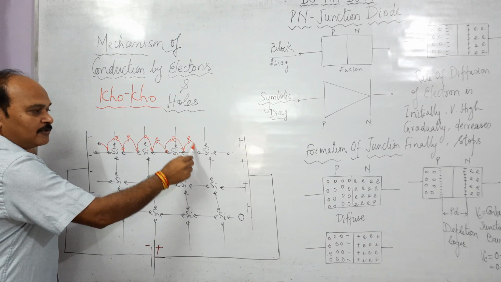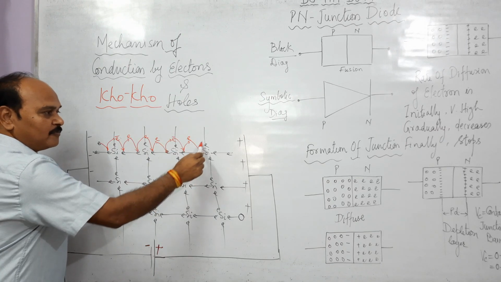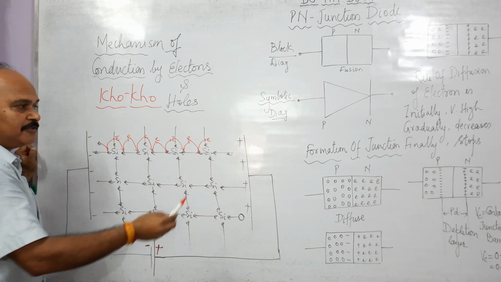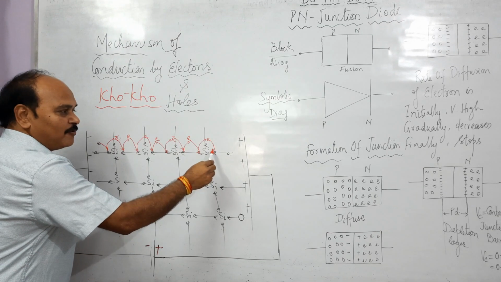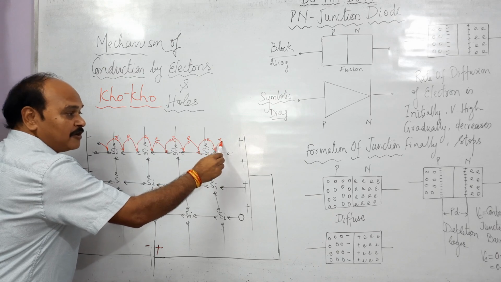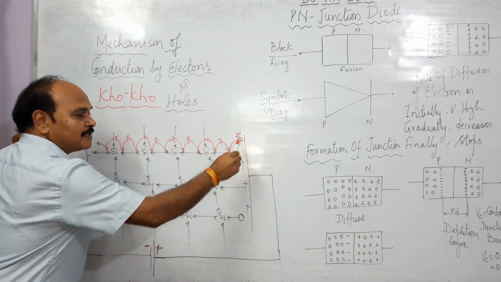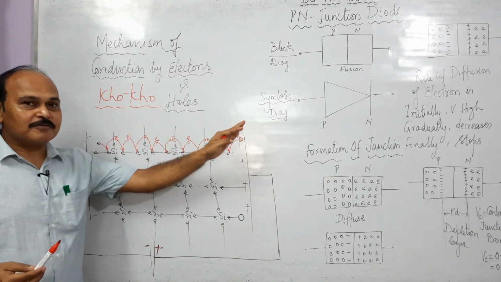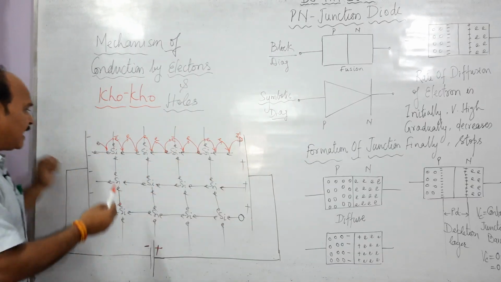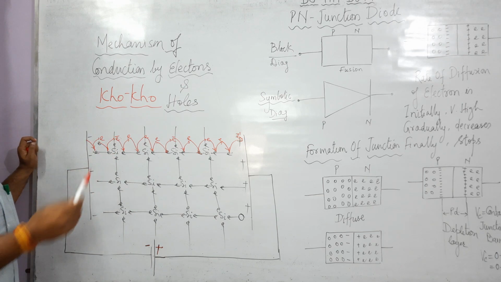This electron says Kho to this electron, it itself sits here, and this electron moves out. This electron again says Kho to this electron and it becomes free. And when this electron says Kho to this electron, this electron moves out. The moment an electron moves out, right at the same instant, an electron jumps in so that a fresh Kho is started.